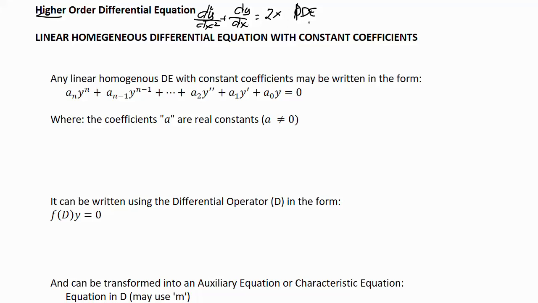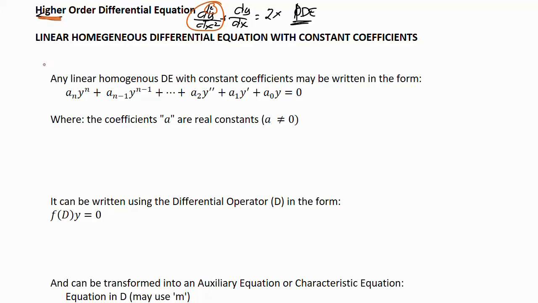So this is no longer an ordinary differential equation, but an example of a higher order differential equation, because we are now on the higher order, I mean order 2, 3, 4, and above. Okay, so it is on the higher order.